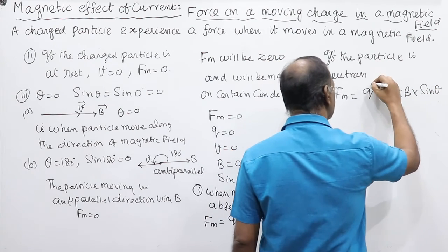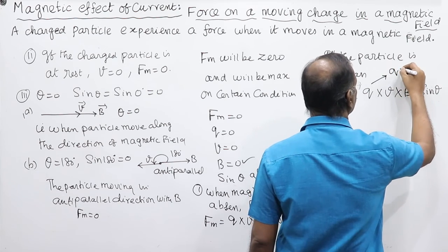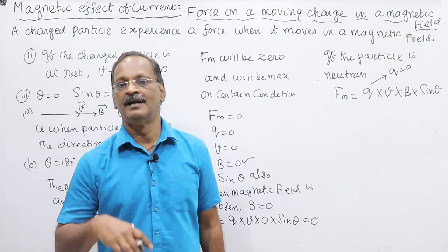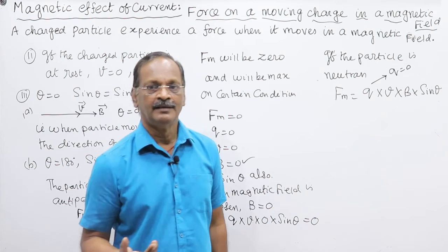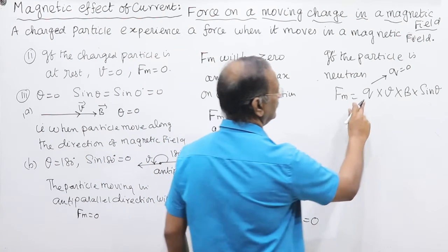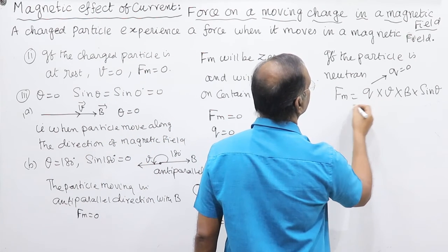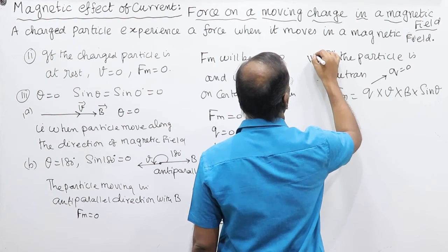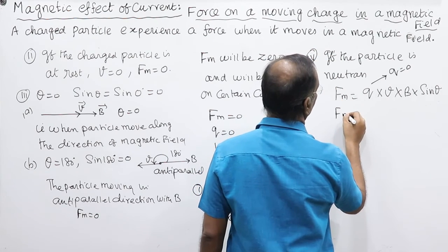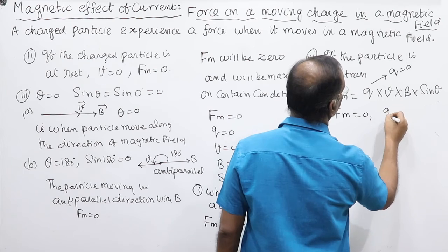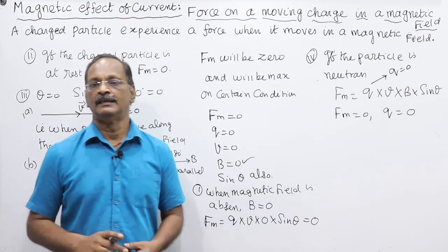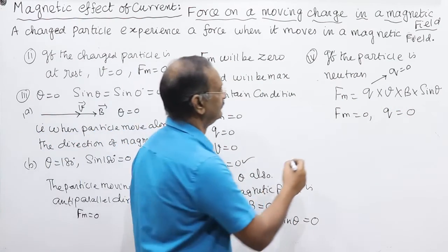If the particle is neutral, the charge is equal to 0. It is neither positive charge nor negative charge. It has got no charge. No charge means Fm is equal to 0. Therefore, Fm is equal to 0. So in this fourth condition, Fm is equal to 0 if the charged particle is neutral.